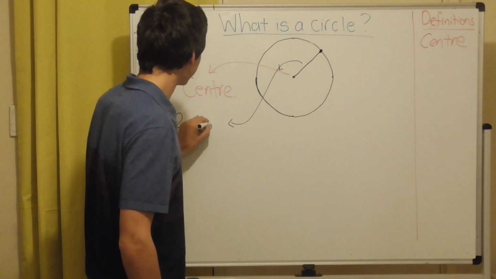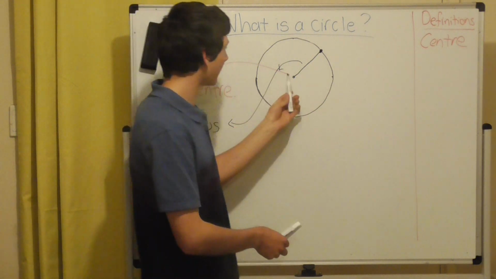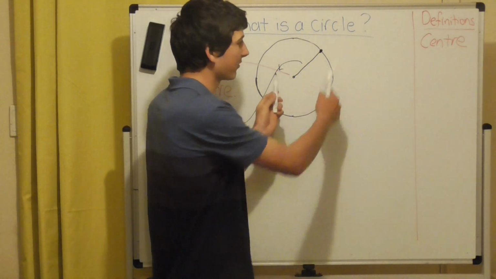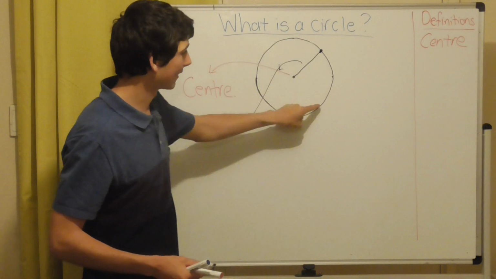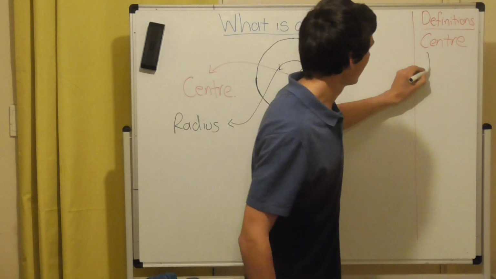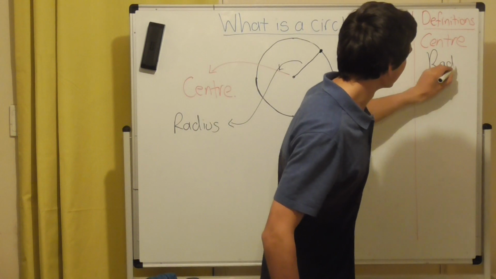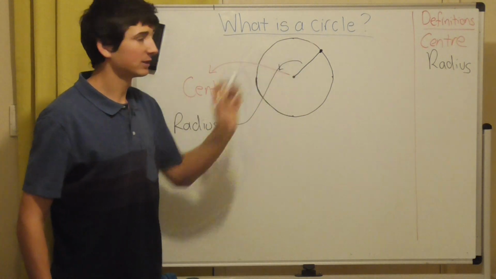And all I've done is I've taken a line, which we're going to call the radius, connecting this centre point with any of the edge points on the circle, any of the points out here. And that's called the radius. And so all the radius is, is connecting the centre point to the edge point.